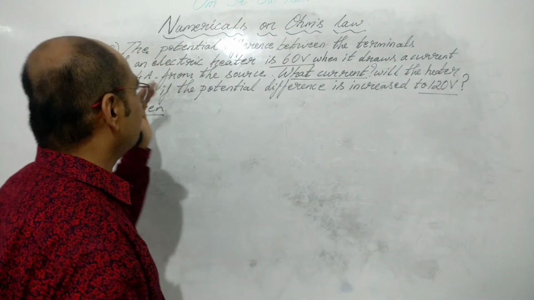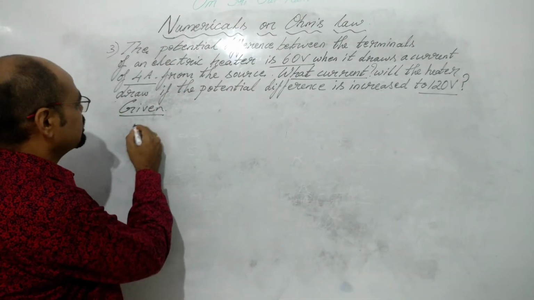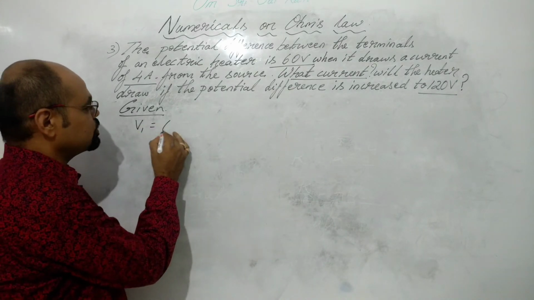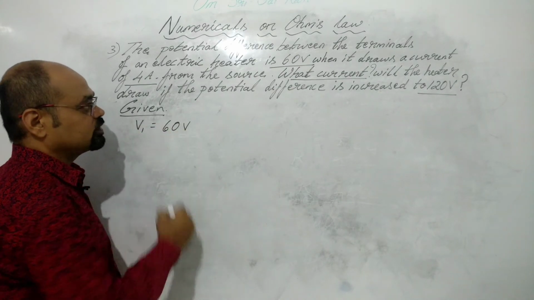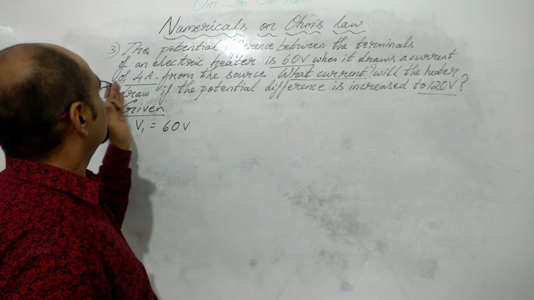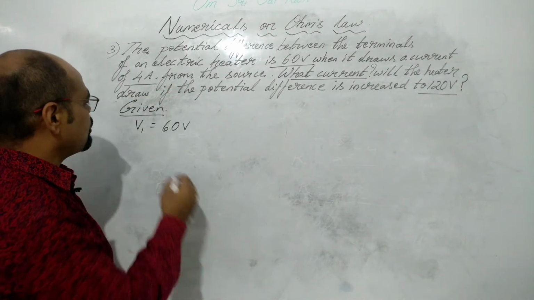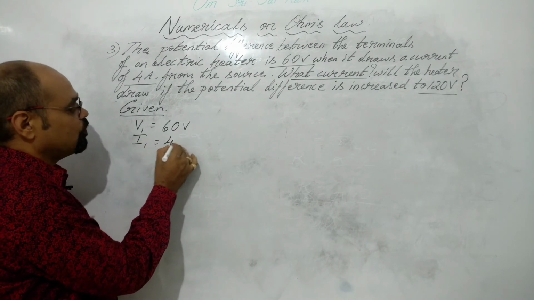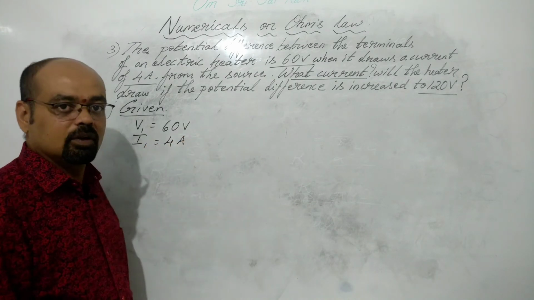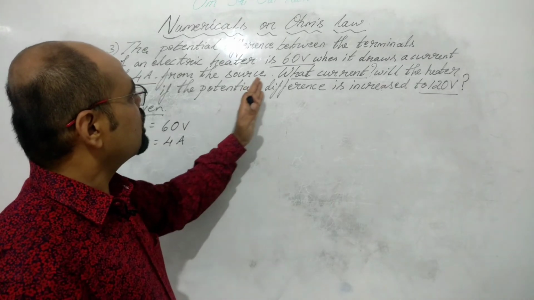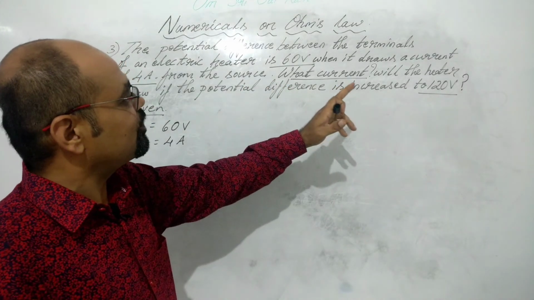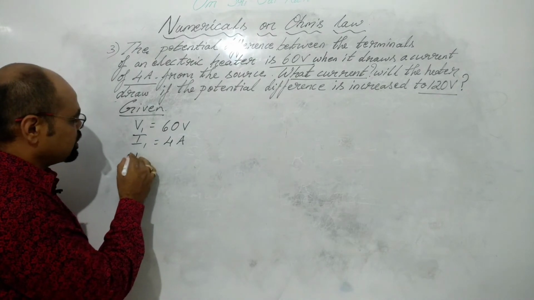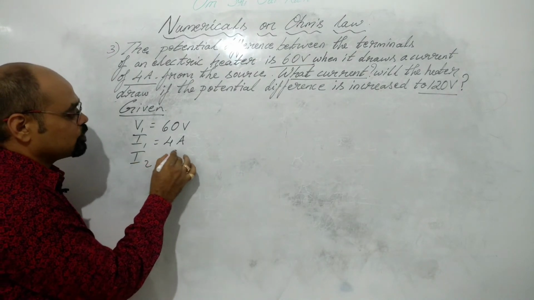So let's write the given. The potential difference, let's take it as V1. V1 is equal to 60 volts. When it draws a current of 4 amps, we take I1 is equal to 4 amps. Now the question is, what current will the heater draw? We don't know, so let's take I2 is equal to question mark.